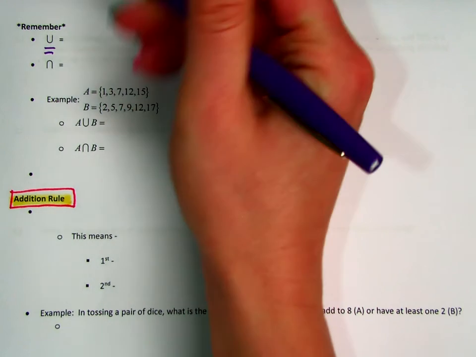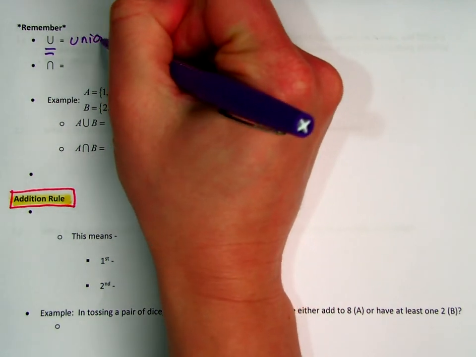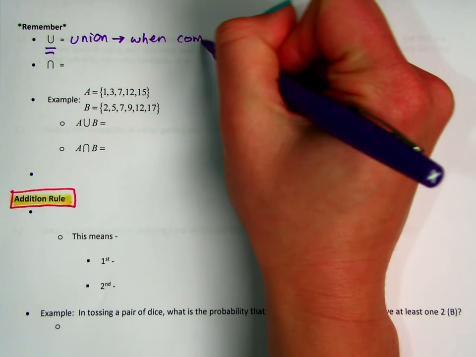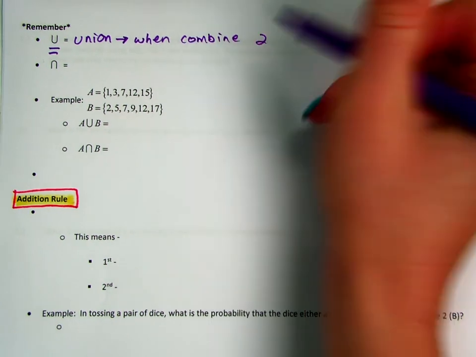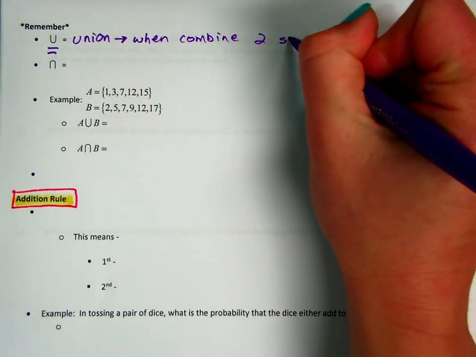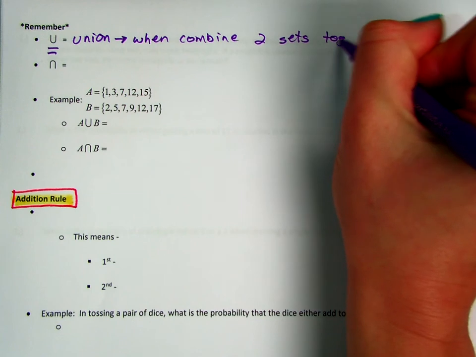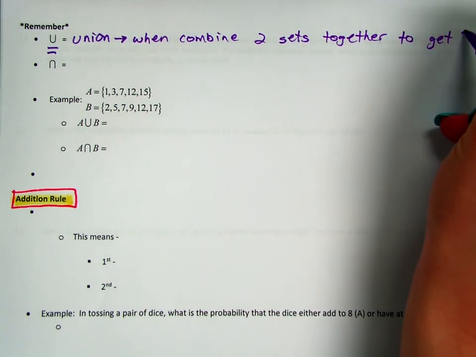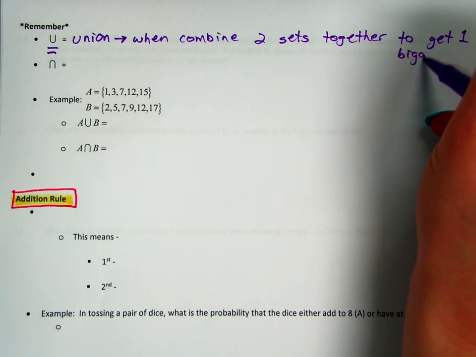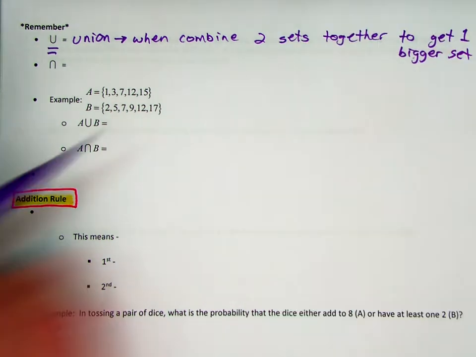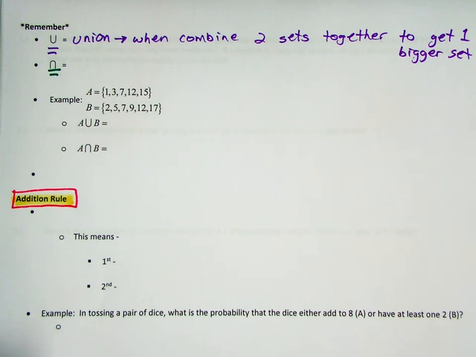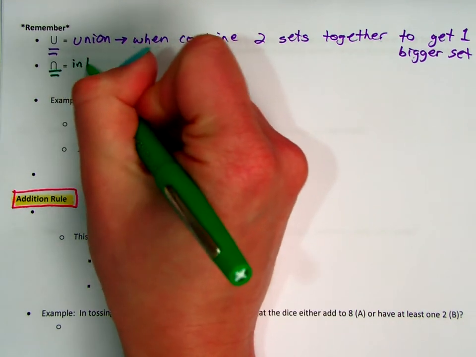First of all, there's this symbol that looks like a U, and that stands for union. This is when you combine two sets together to get one bigger set. Then there is the upside down U, and that upside down U stands for intersection.